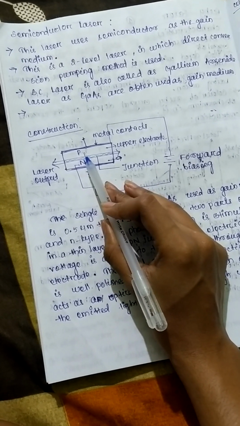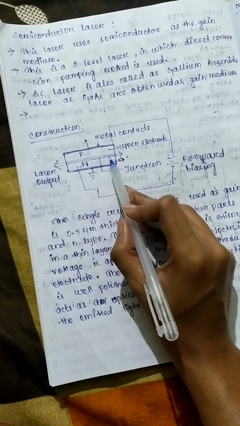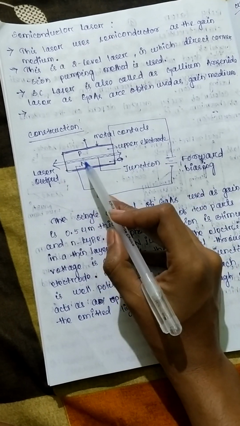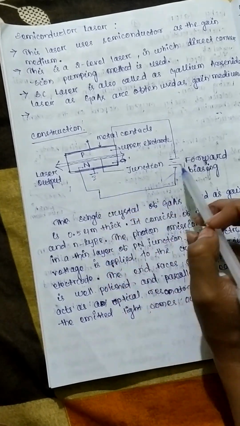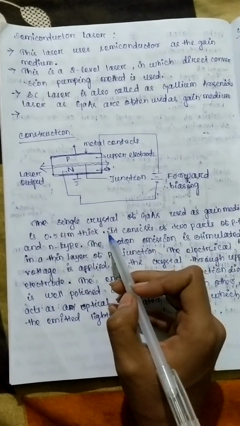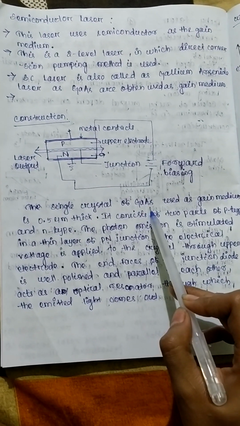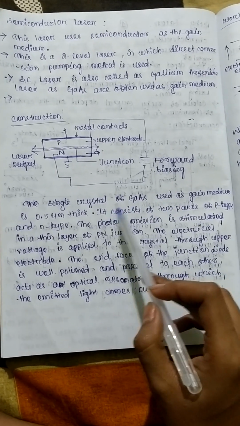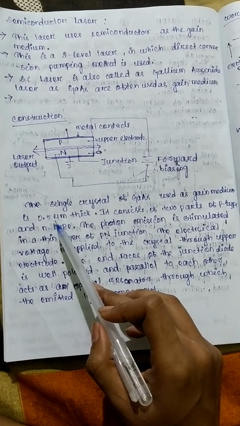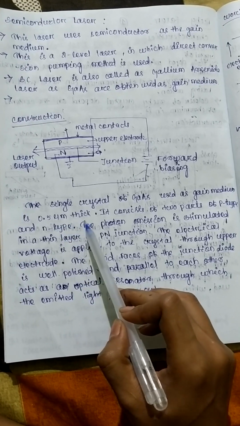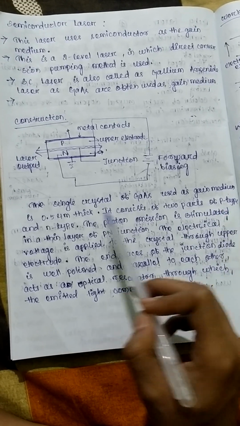Junction is where the holes and the electrons are injected, and the P side and N side are connected with a forward biased voltage. The single crystal of gallium arsenide, we can use other gain media, is used as a gain medium, which is 0.5 micrometer thickness, and it consists of two parts, P type and N type.